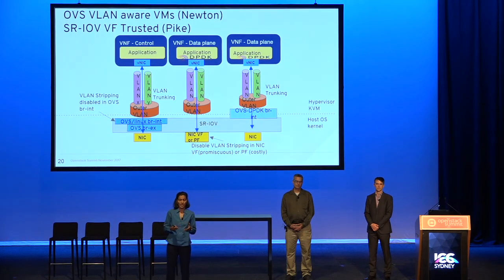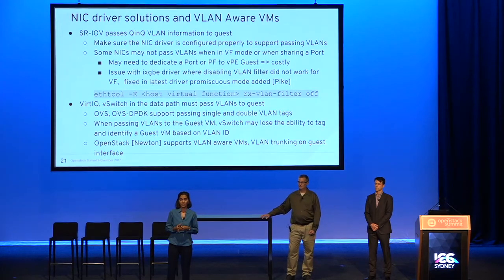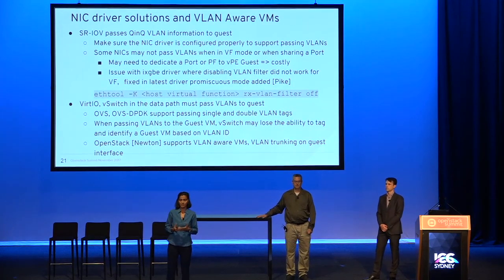So if you're using OVS or OVS DPDK, your OVS bridges are now not stripping. They have VLAN aware VM enabled and can ship the entire tag, as well as if you're using SRIOV with VF Trusted, you can ship the whole stack in. And this is just an overview of the two technologies that we discussed here.